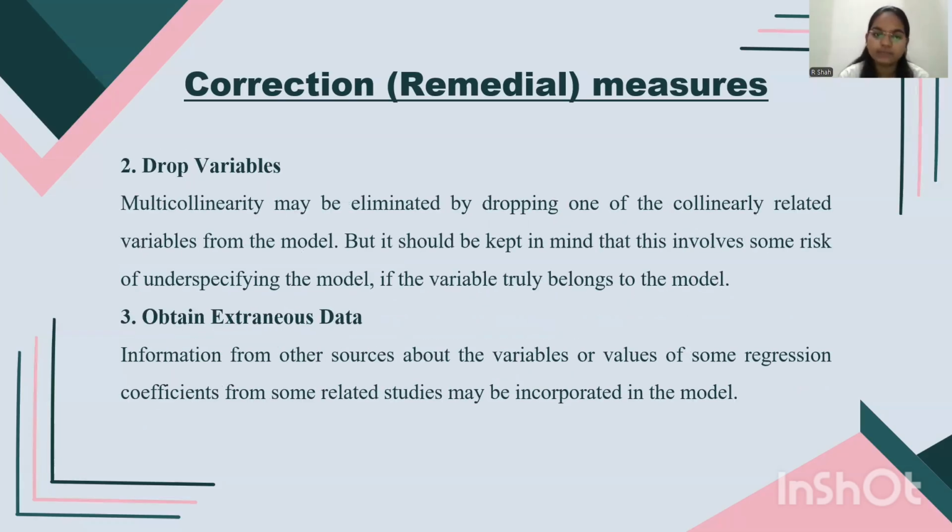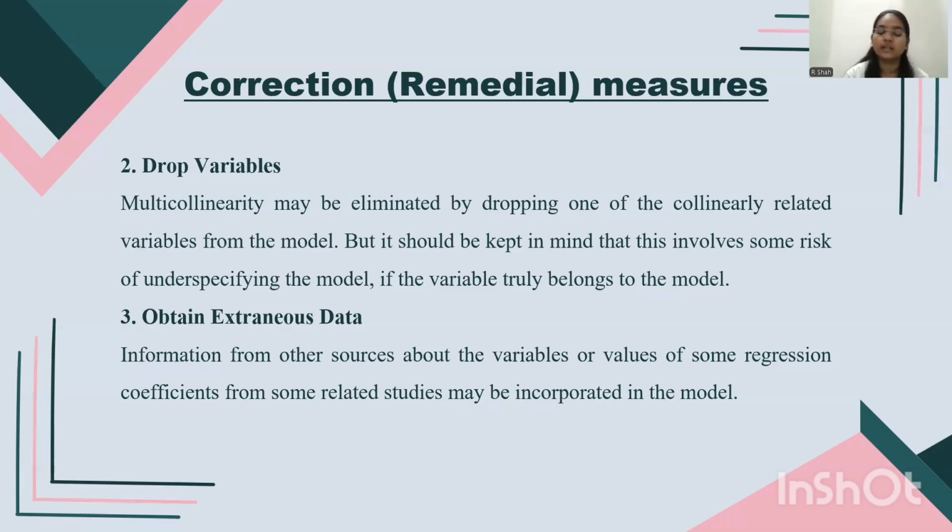Second is drop variable. In this method, if one variable shows high multicollinearity, because of that variable the multicollinearity is present in the model, so we can drop that variable. Multicollinearity may be eliminated by dropping one of the collinearly related variables from the model, but it should be kept in mind that this involves some risk of under-specifying the model if the variable truly belongs to the model.